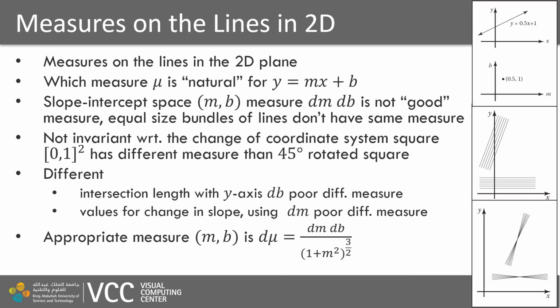So let's have a look at this example, if we are measuring lines in 2 dimensions. First we need to think of how we can design the measure. What could be a good measure?